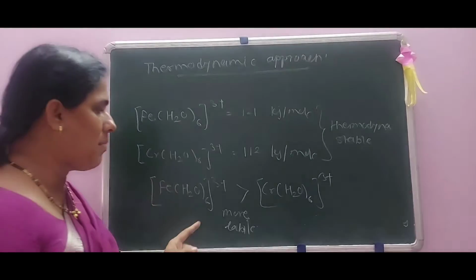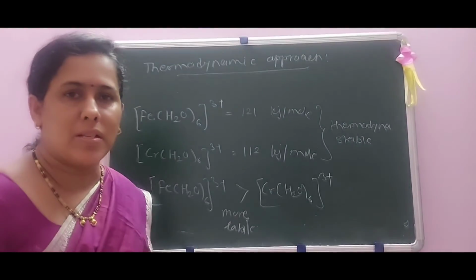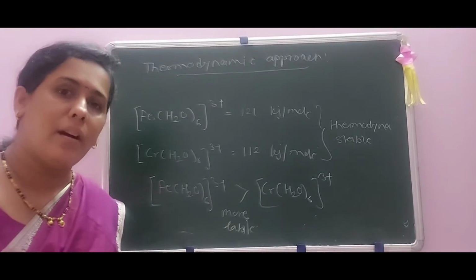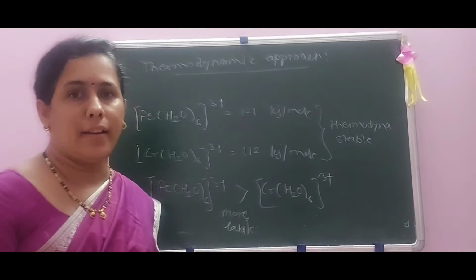This example brings to mind that a complex can be thermodynamically stable or unstable, and kinetically labile or kinetically inert.